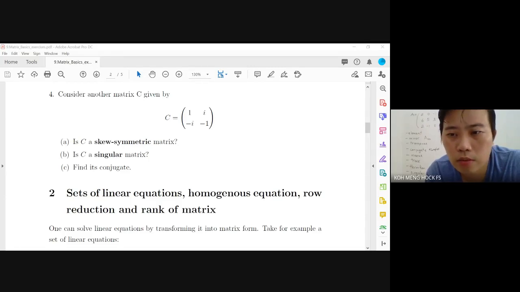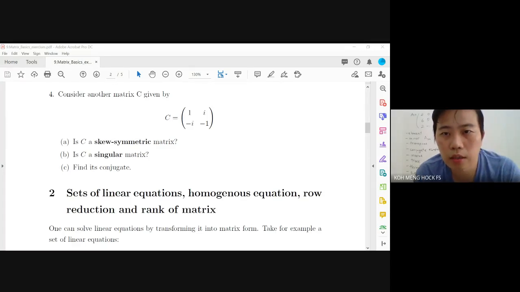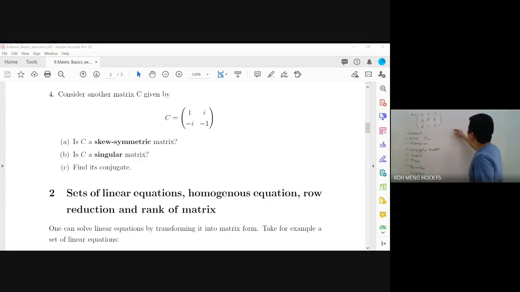Yes or no? Yes. Let's see, I have new answers here. Yes. No. Skew matrix, let's say. Aij equals minus Aji.